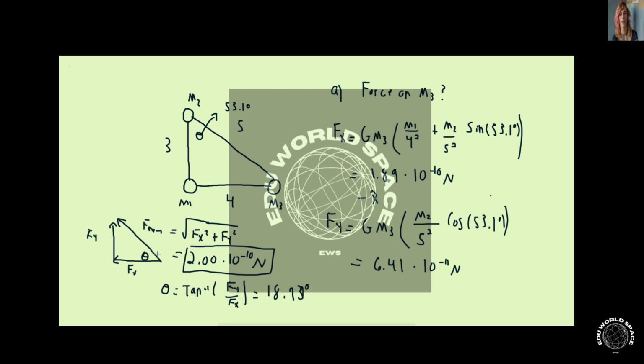But to give kind of the more standard answer, usually we want to give the angle above the x-axis. So this is kind of pointing like this. And instead, we want to give this angle here. So that'll just be 180 minus the angle we found. So 180 minus 18.73 tells us that this is about 161 degrees above the x-axis.